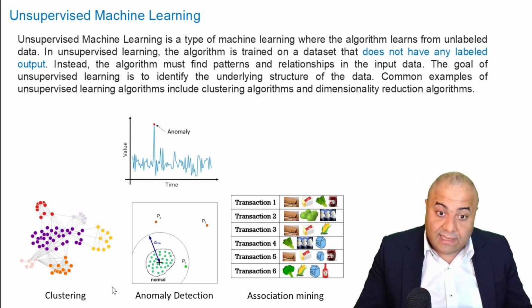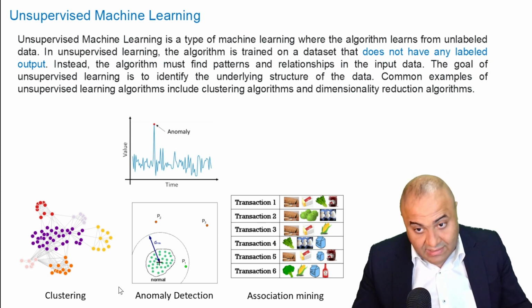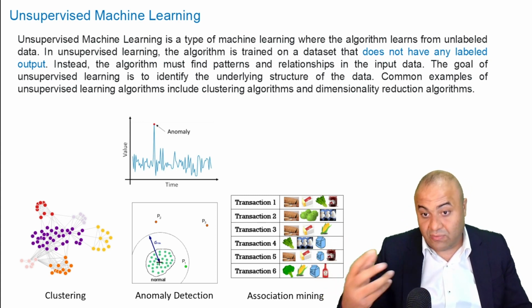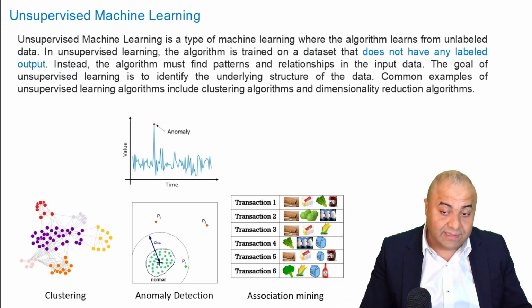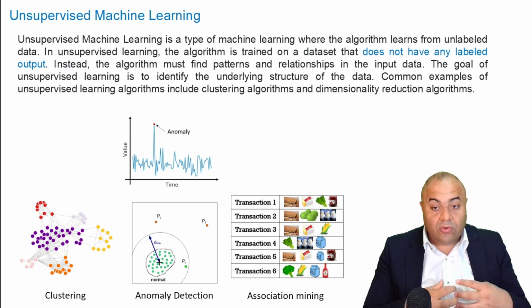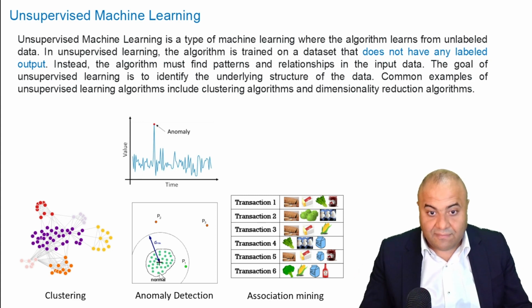Another one is anomaly detection. Of course, there are many ways to do anomaly detection, but one very strong way is to cluster our normal data. We train the model on normal data and cluster it together, so we will have clusters of normal data.